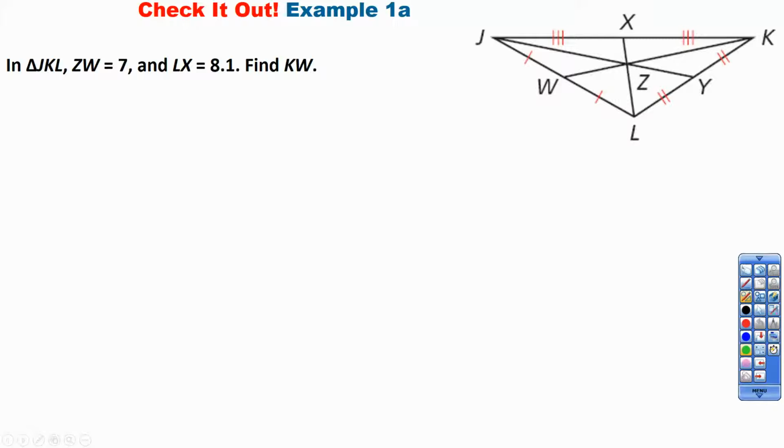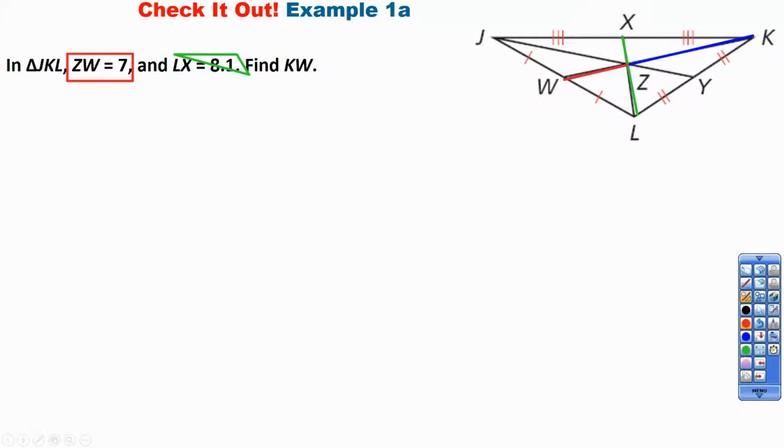So they want us to find KW. They want us to find KW. That is this whole thing. They gave us LX, this right here. They give us LX, and then they give us ZW right here.